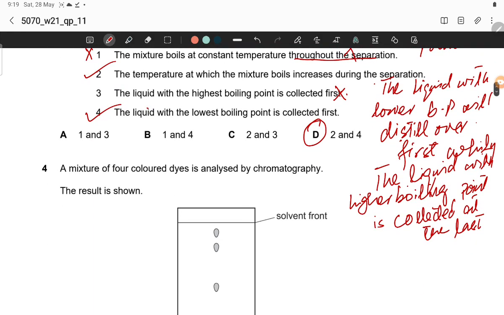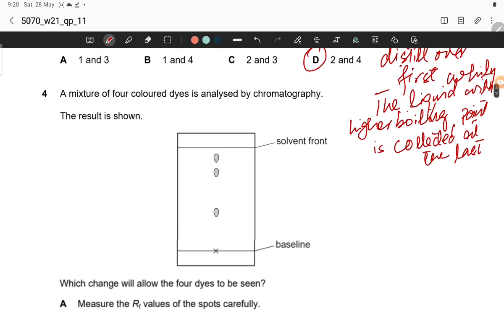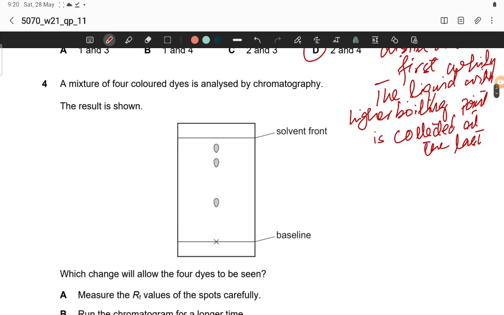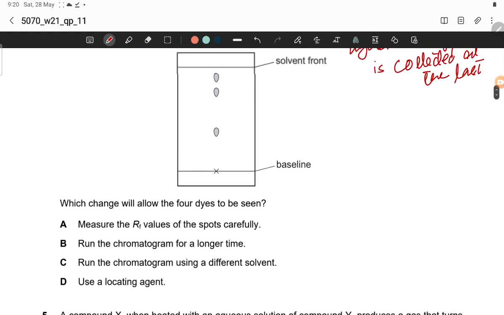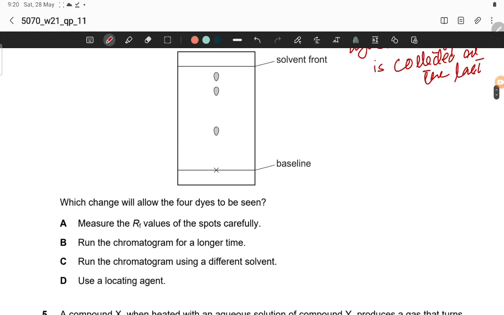Option is A. A mixture of 4 colour dyes is analysed by chromatography. The result is shown. Which change will allow the 4 dyes to be seen? Measure the Rf values of the spots carefully.